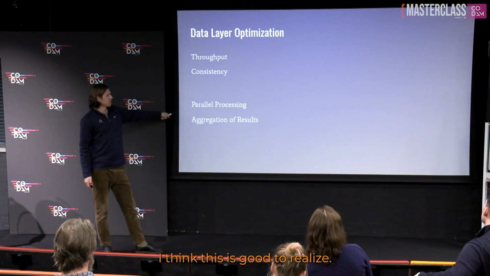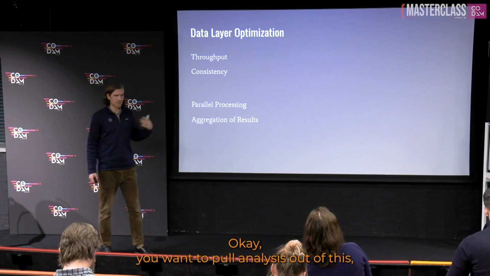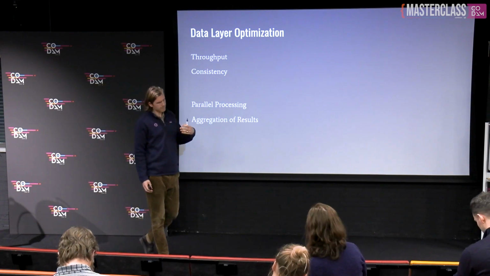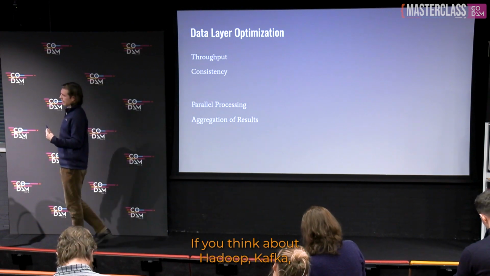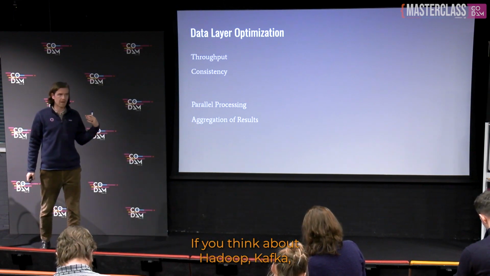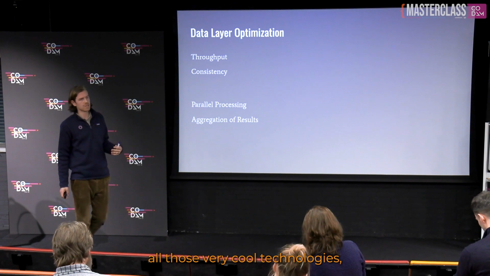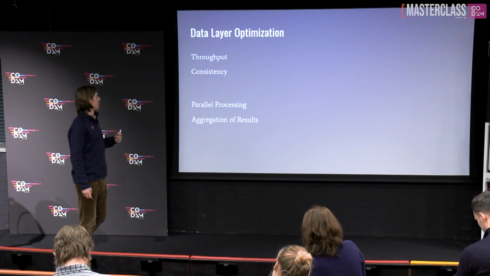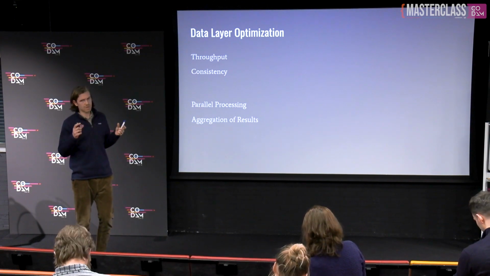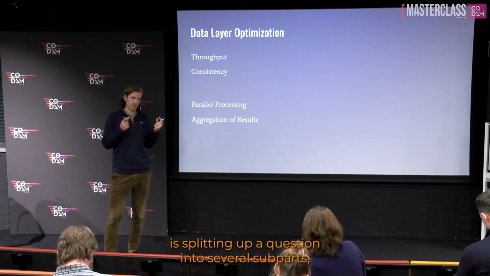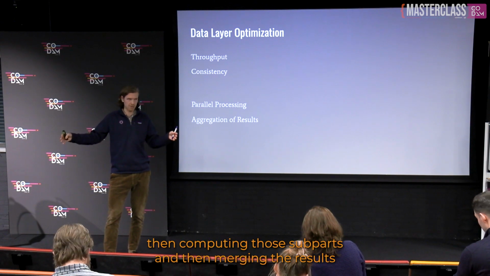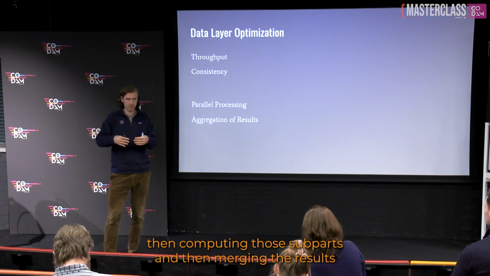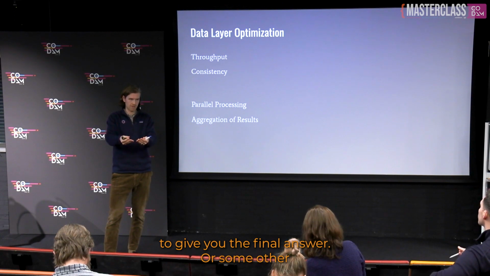I think this is good to realize when you want to pull analysis out of this. How do you do it? If you think about Hadoop, Kafka, all those very cool technologies, what they're very good at is splitting up a question into several subparts, computing those subparts, and then merging the results to give you the final answer.